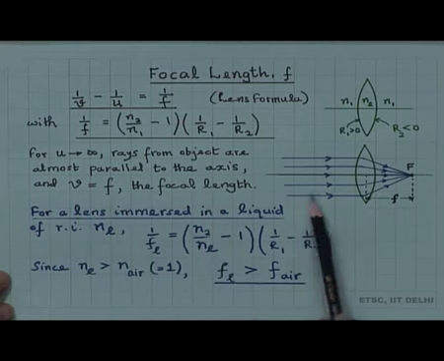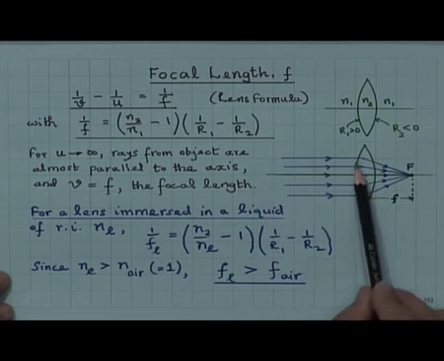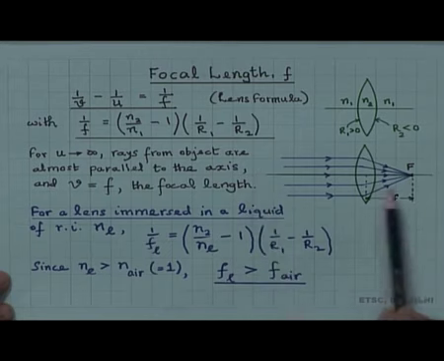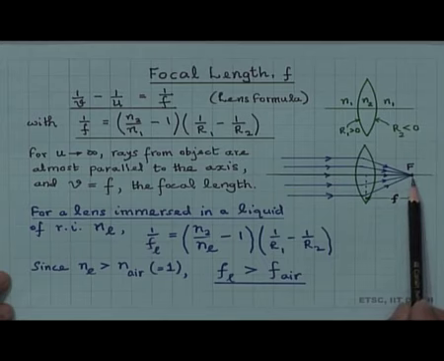The parallel rays all converge to a point f, because they are independent of the distance u, and all have the same image distance, which we call the focal point.